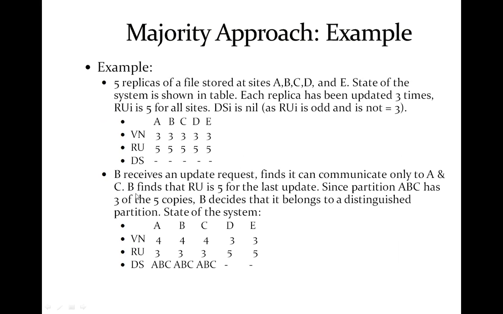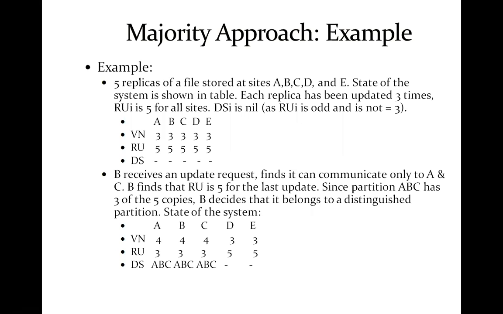Now, suppose we take the situation in which B receives an update request and finds that it can communicate only with the site A and the site C. So what will it do?